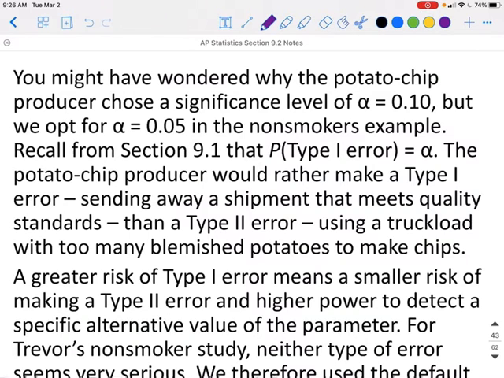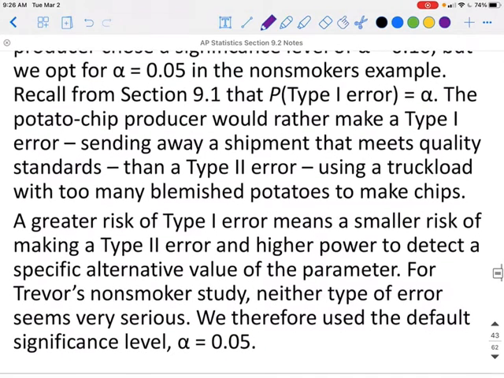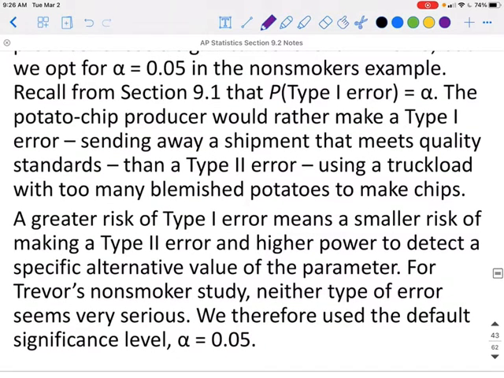You might have wondered why the potato chip producer chose a significance level of alpha equals 0.10, but we opted for 0.05 instead for the non-smokers example. Recall from section 9.1 that the probability of a type 1 error is equal to your alpha. So the potato chip producer would rather make a type 1 error, where they send away potatoes that they could have used, than a type 2 error, which is accepting a truckload of potatoes that have blemishes to make potato chips with.